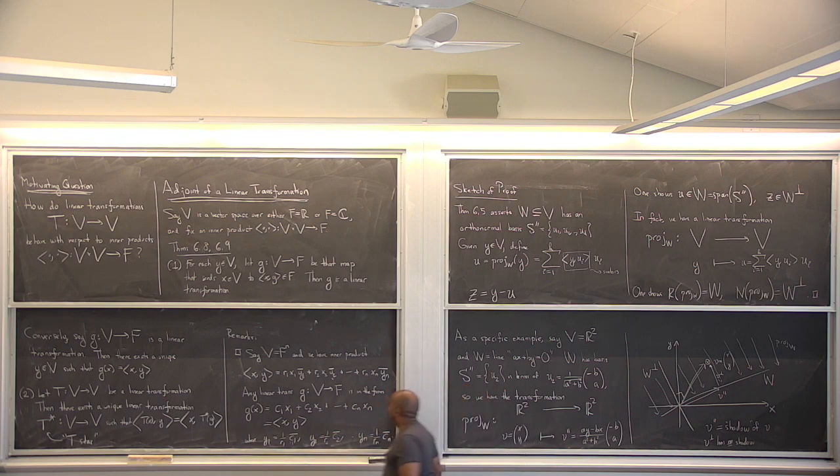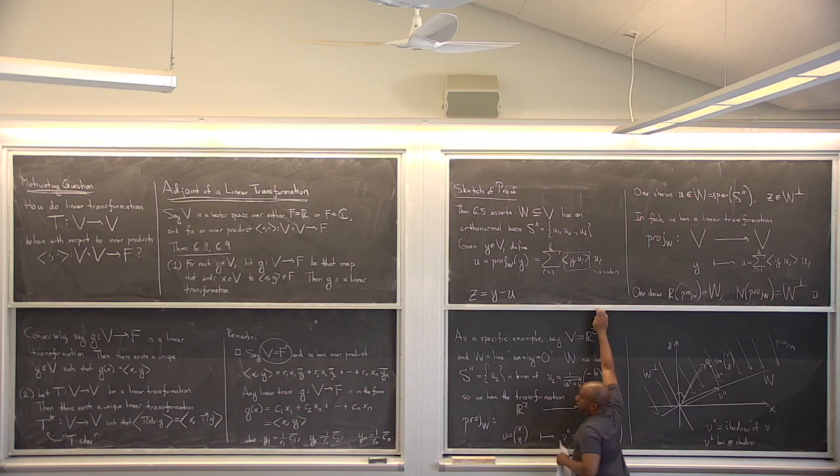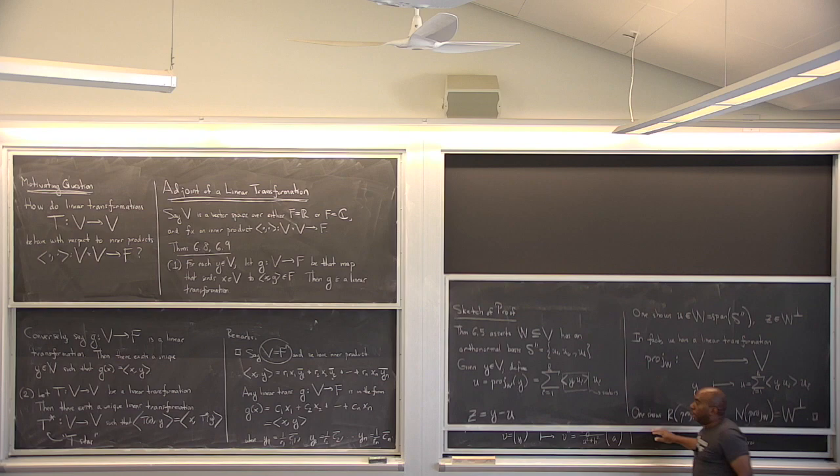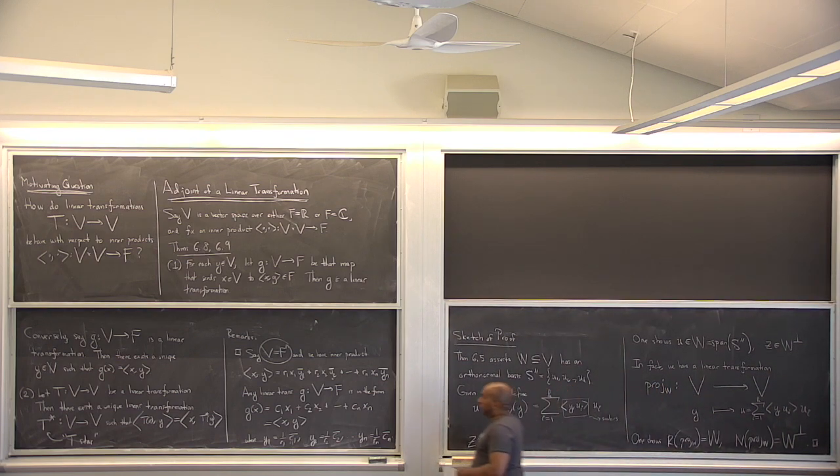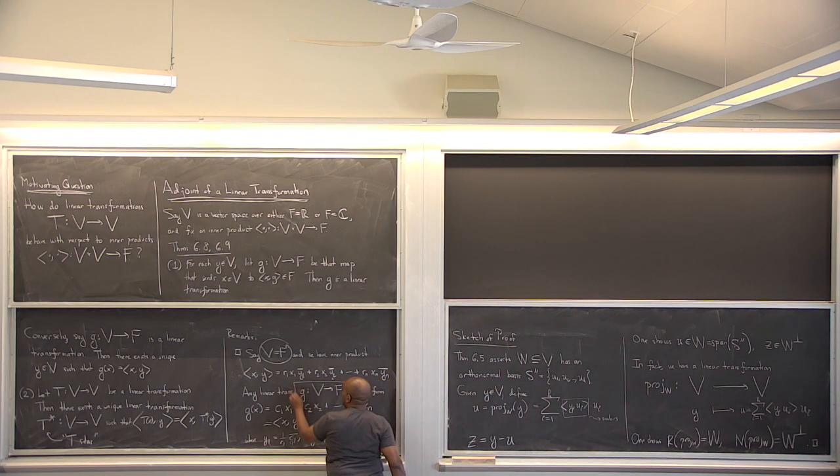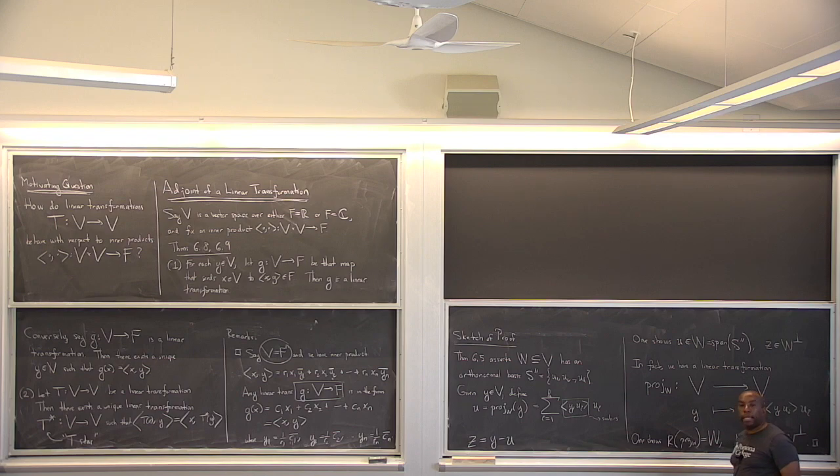So this is why if I have a linear transformation on F^n, then I can tell you what the y is, like in this sense here. There has to be a unique y. So really, morally, it's saying that every linear transformation from V to F is basically nothing more than an inner product. Right? So again, morally it says every linear transformation from V to F looks like an inner product.